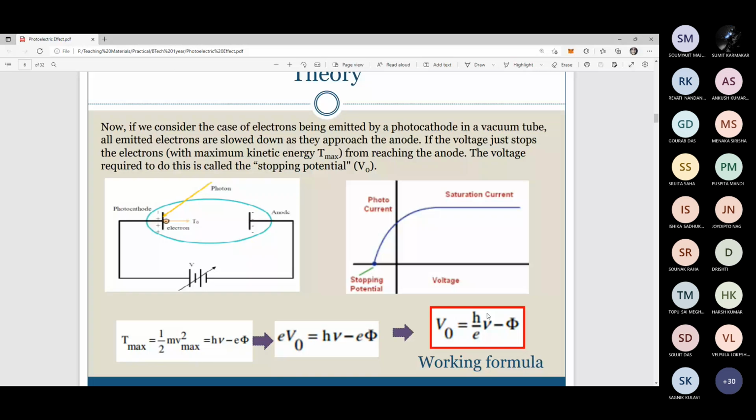We need to calculate the slope and the intercept of this region, that is phi and h by e. From this result, we will calculate the Planck constant and then the work function of the material, right?